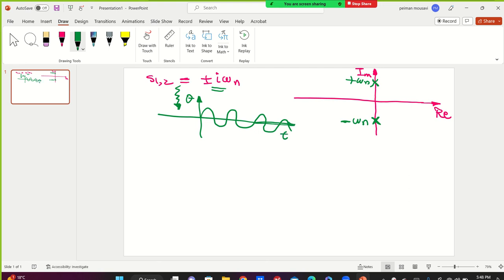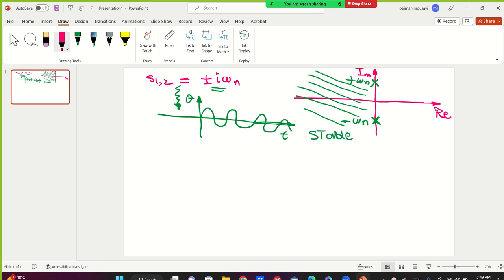Okay. So now you tell me, is your system stable or unstable without any excitation or disturbance? Any idea? Whatever is located at the left side of the imaginary axis means your system by itself is stable.